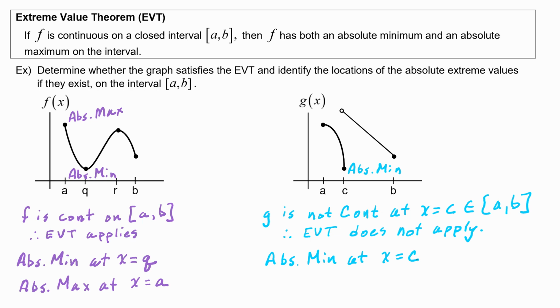And there's no absolute max because there's no y value that g attains that's bigger than all the other y values. So we can say there's no absolute max, or you could say the absolute max does not exist. Either way.